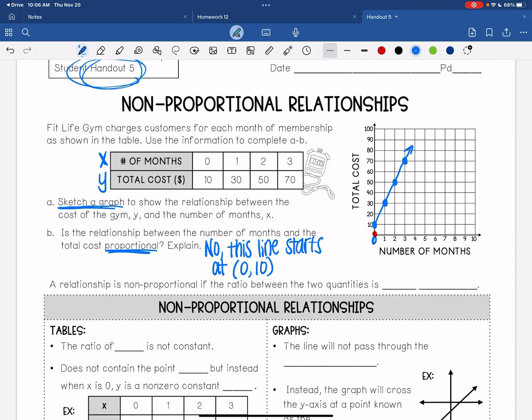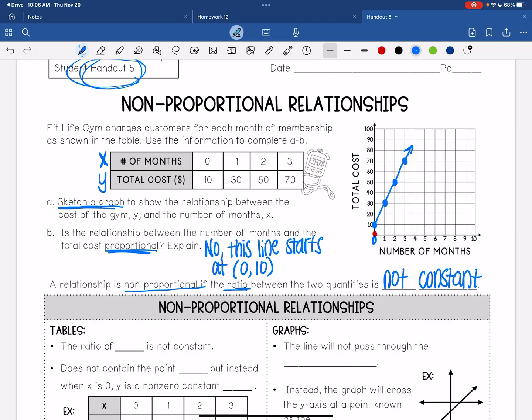So it is not a proportional relationship. We know also that if a relationship is non-proportional, the ratio will not be constant like it is when we have proportional relationships. Remember, proportional relationships have a constant y over x, and we don't have that anymore now that we're talking about non-proportional.